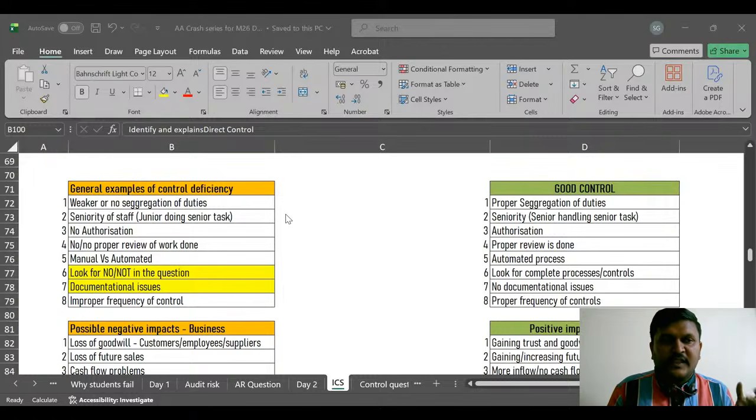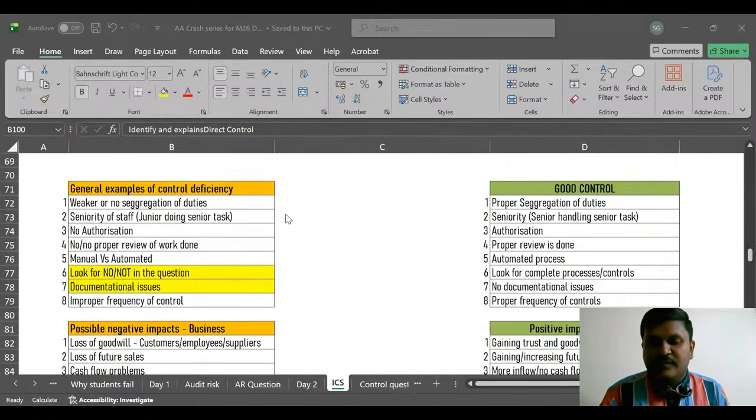And then we will have documentation issues. Enough copies are not being given to the different departments, or the document itself has some errors, they do not have a document number, or they are not following sequential numbering. All those things come into play relating to an internal control deficiency.